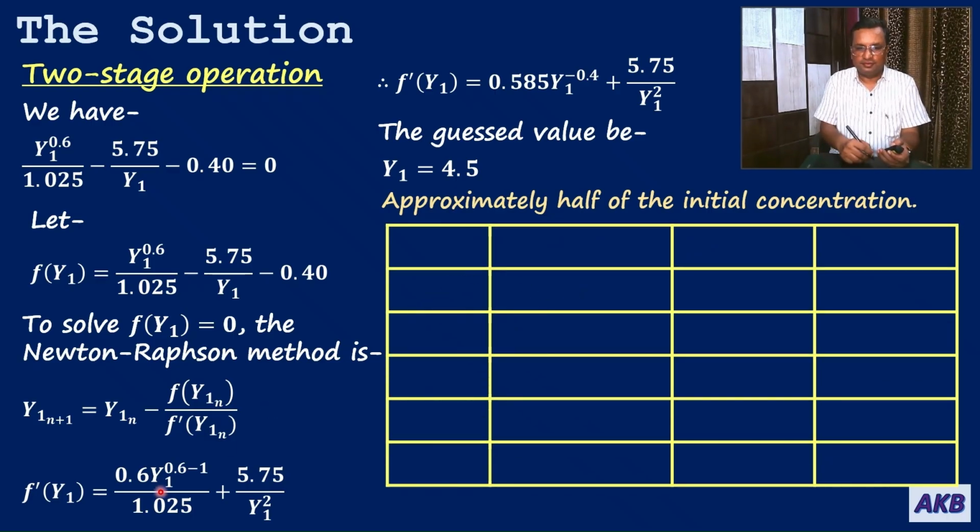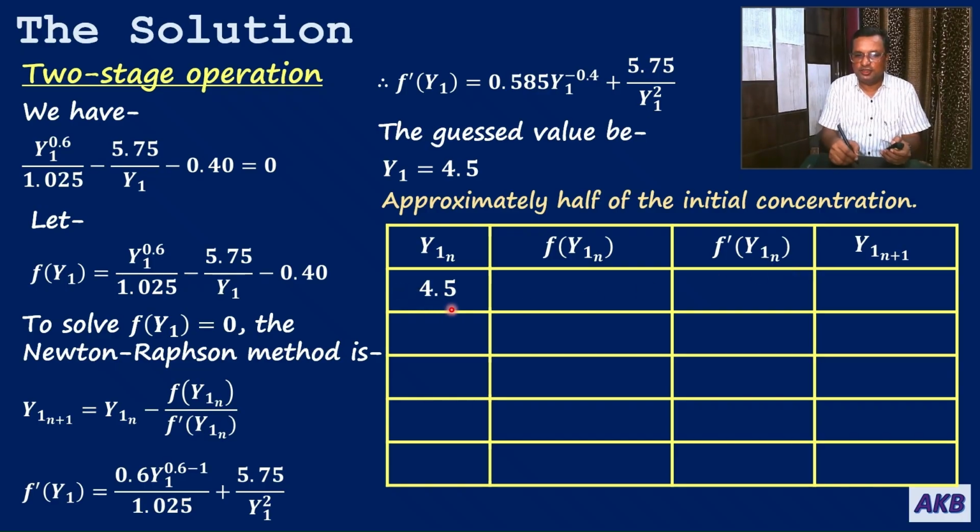I have done the calculations: starting with the initial case, I found the function at that value, then the derivative at that value, and finally I got the new value for y1. So the first guess value is 4.5. The function at this value is 0.83716. The derivative of the function at this value is 0.62. And the new value for y1 is 3.15.